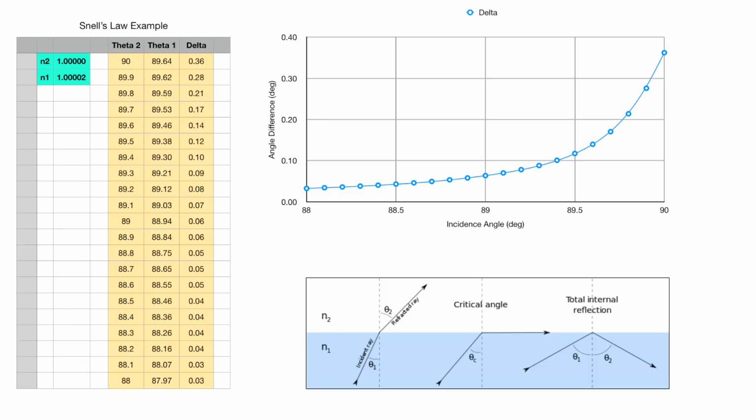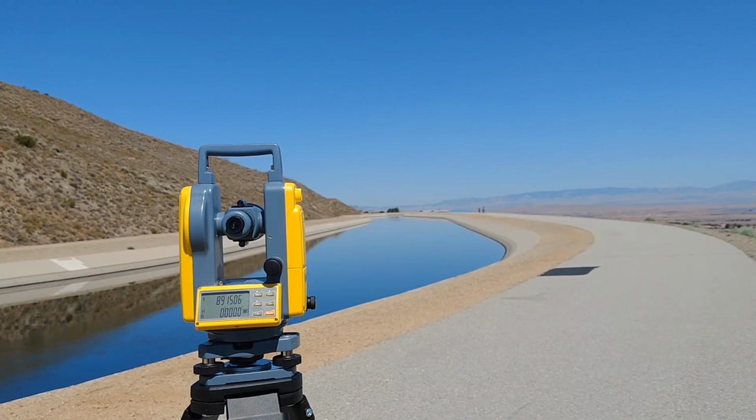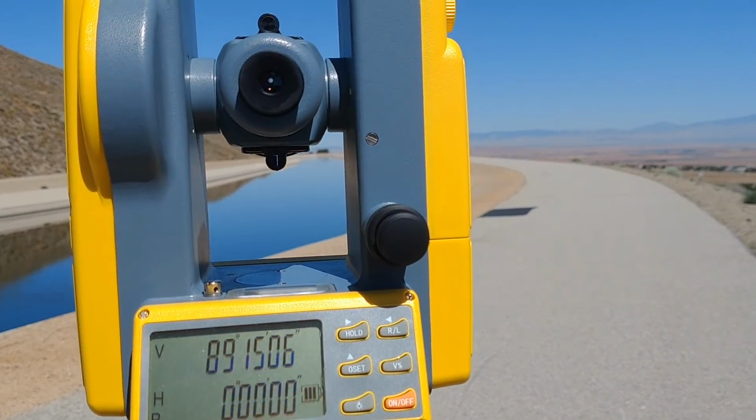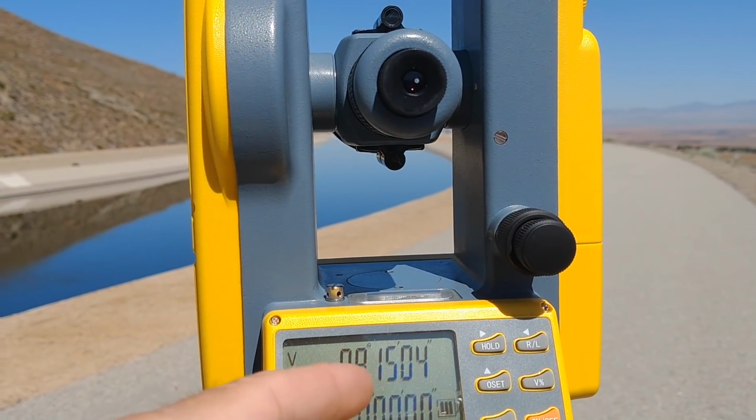I've gone back to the aqueduct on another occasion, and I picked a power pole that was much higher, so I can illustrate the effects of refraction. In order to create steeper angle observations, I've chosen a power pole, weighing the distance.